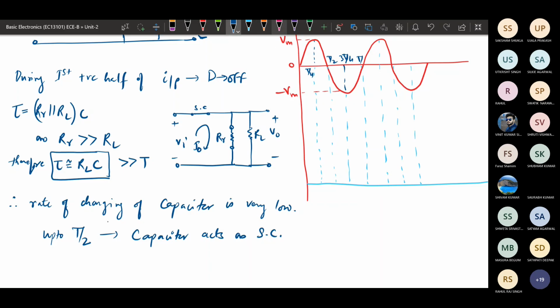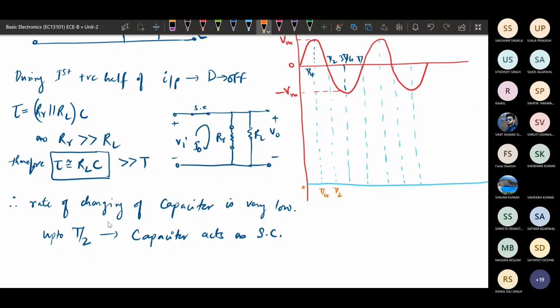So the output that we will be getting: T by 4 is here, this is T by 2. From 0 to T by 2 time period it will be charging. At this time, the output will be directly connected to V input, because the diode is off.